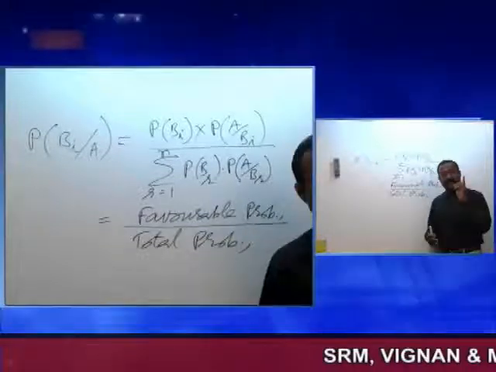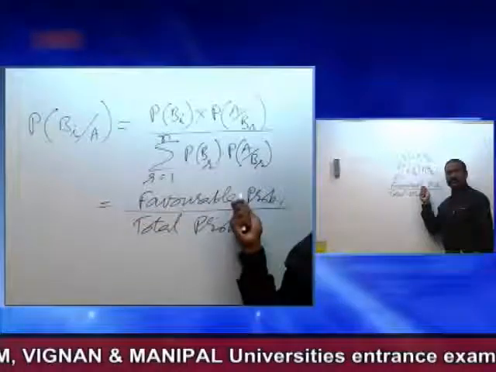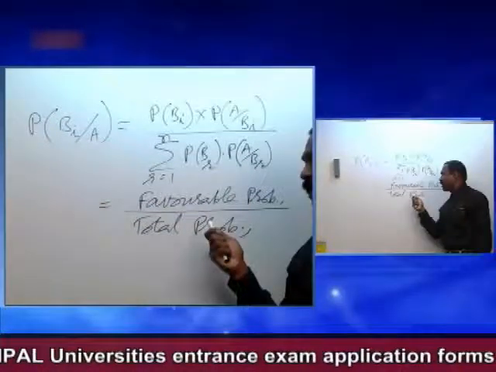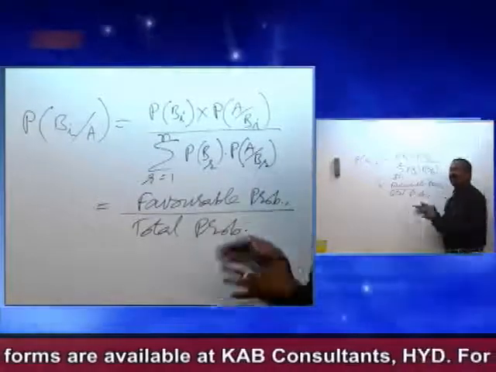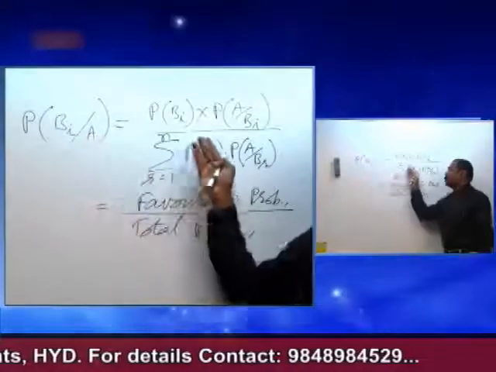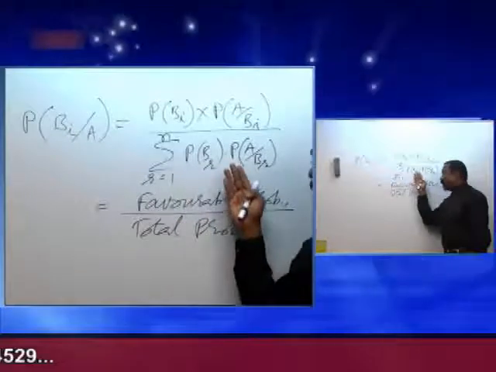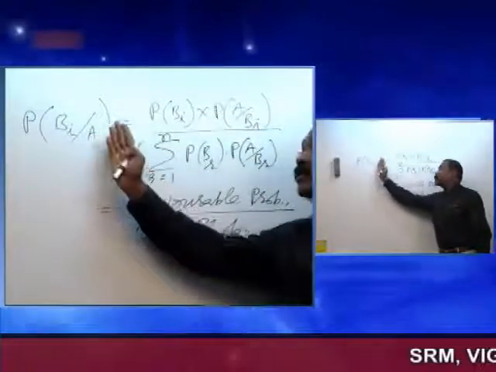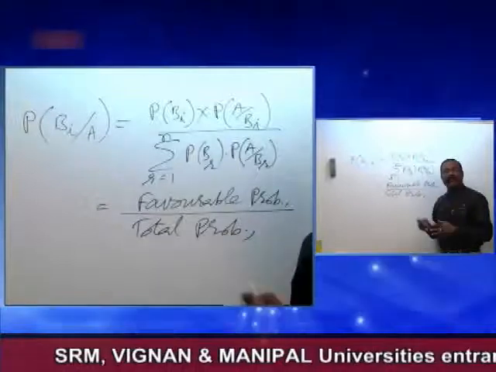In the classical definition, it is the number of favorable outcomes for an event to occur, whole divided by the total number of outcomes. It is modified like this. Whenever a particular event is occurring with different events, and we need the occurrence of this event A with a particular event Bi, then in such a case we apply the Bayes theorem.